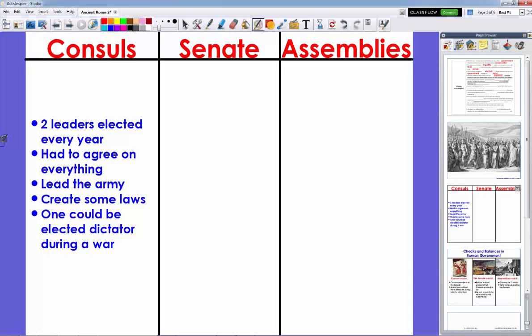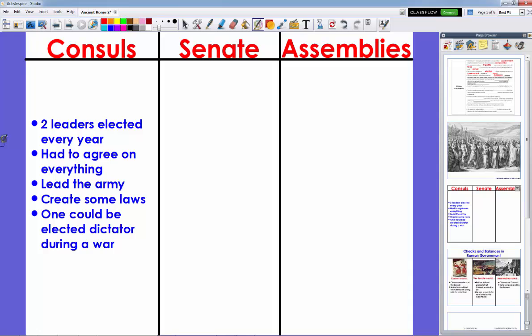Their general job was to lead the army. They could create some laws executively. So in other words, the consuls sometimes could get together, the two of them, and say, you know what, we need A, B, C, X, Y, and Z. They would make a decision, and that could be followed. They would also serve as high priest for Roman religious ceremonies, as well as running some day-to-day things.